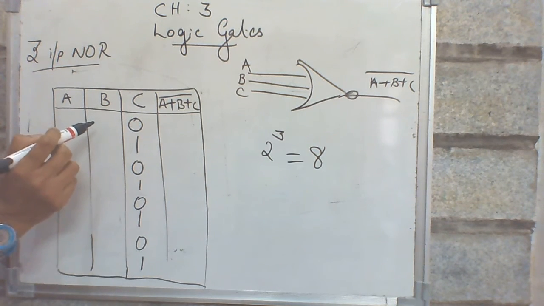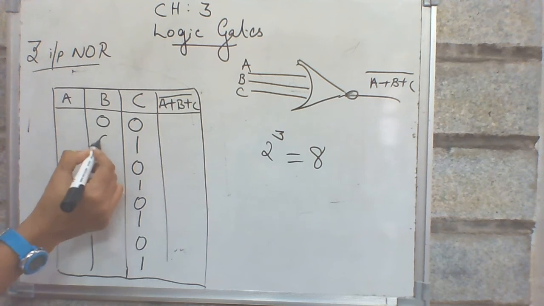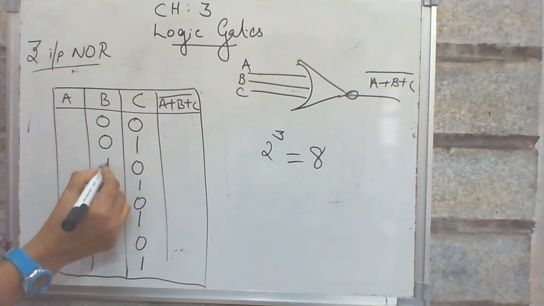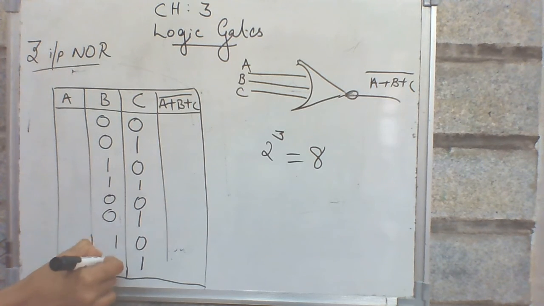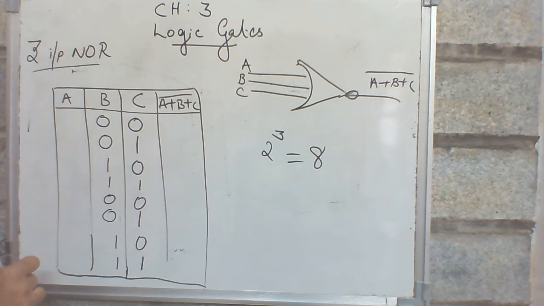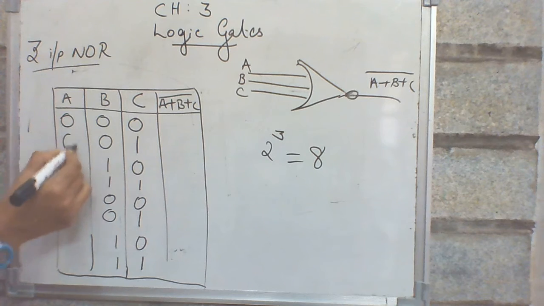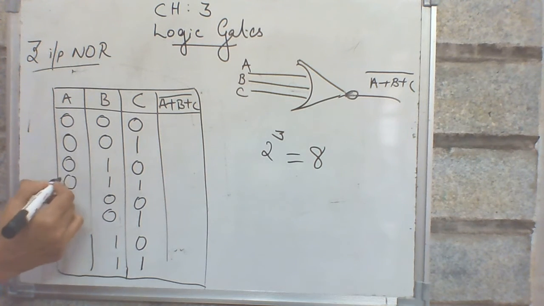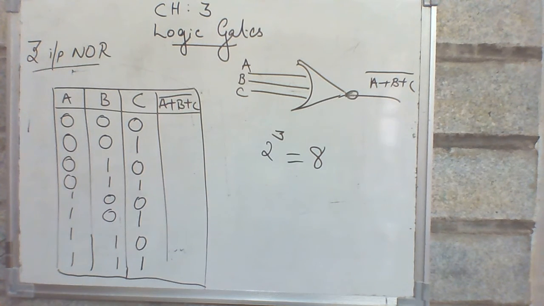Next input B will be in the order 0, 0, 1, 1, again 0, 0, 1, 1. Then next input A will be in the order 4 zeros, then 4 ones.